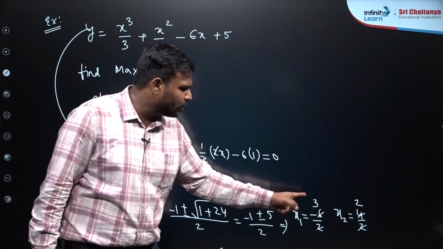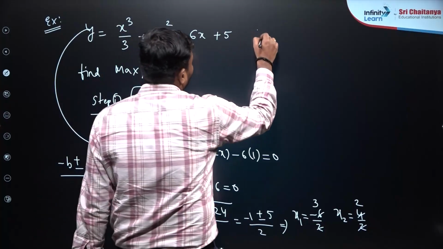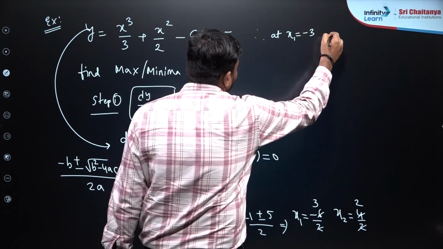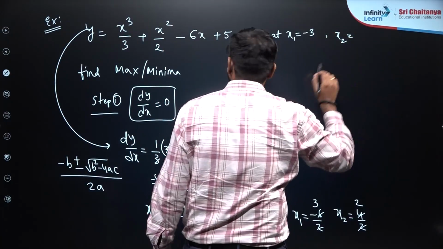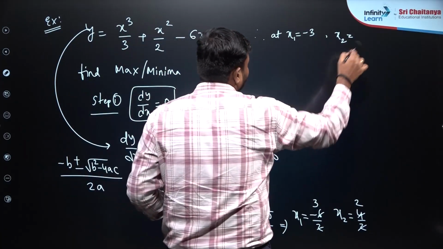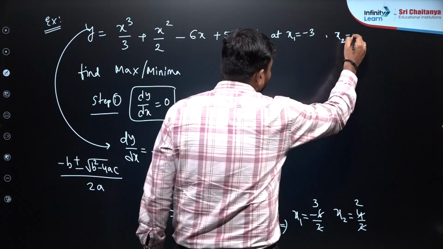So what are the two roots? Minus 3 comma 2. So we will conclude at x is equal to minus 3 and at x is equal to 2.